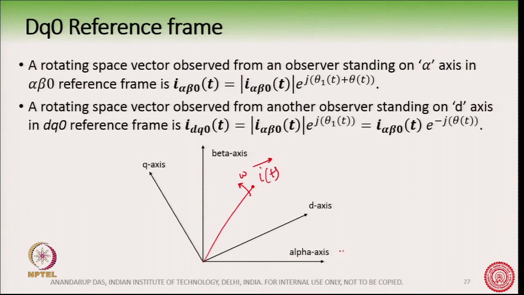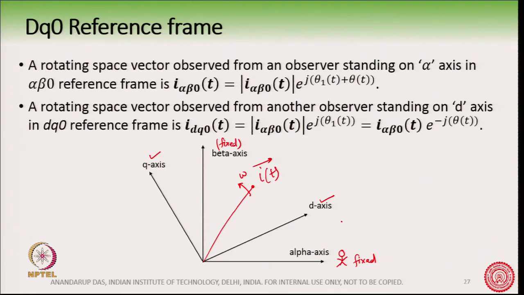The alpha axis is stationary, it is fixed. The beta axis is fixed. Now, we are introducing another reference frame which we give the name d axis, q axis, and of course, there is a 0. Okay. This 0 is perpendicular to the paper, perpendicular to this screen on which I am recording.